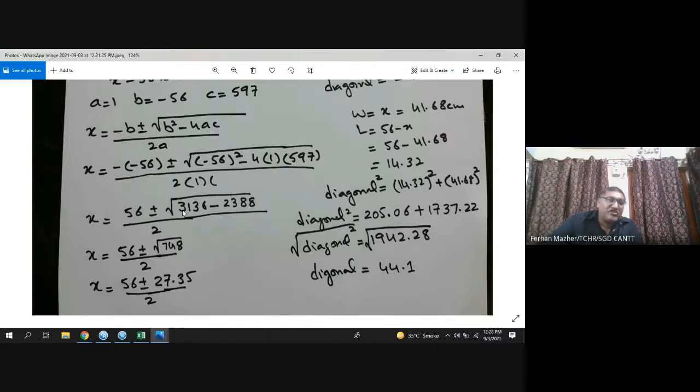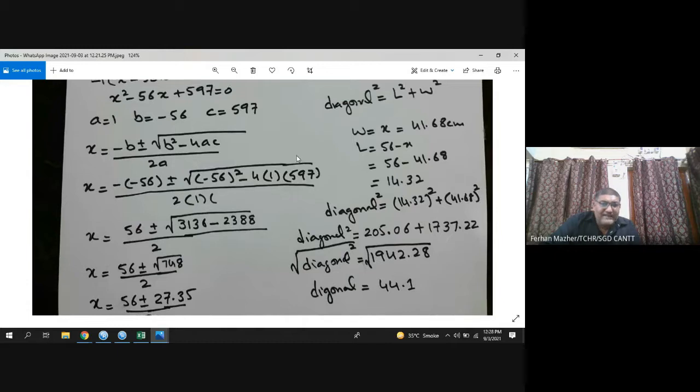So from this, 3136 minus 2388, you get 748. So I will take the square root of 748, and I will get the answer 27.35. So you can see here we have 56 plus minus 27.35 divided by 2. So there are two cases.